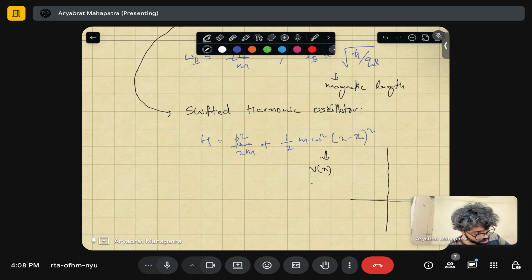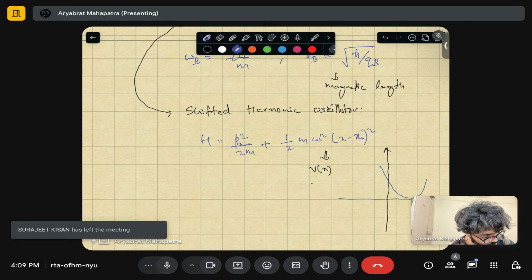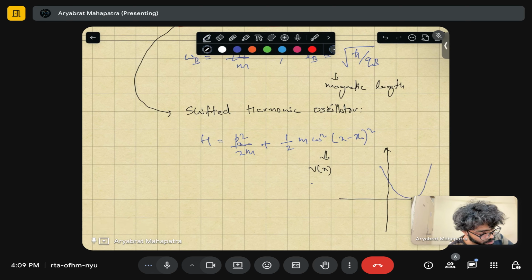It is like shifted by some amount. So this is your x naught.